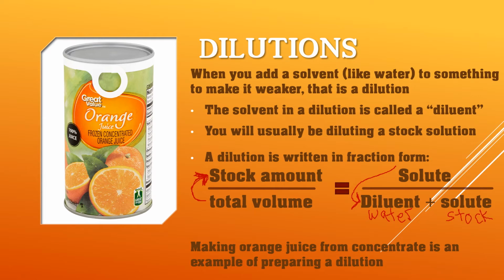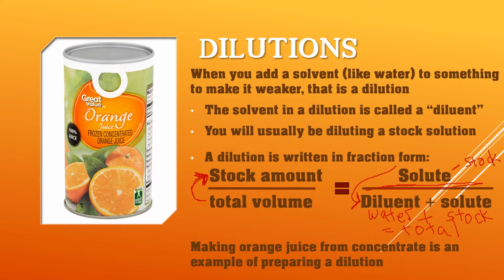So this would be water plus the stock, the total, and that's on the bottom of the fraction. And on the top of the fraction, you just write the amount of stock that you are diluting. And you use volumes when you can, or amounts. If you're using something like powder, you can use milligrams or something. But if you're using water, then you can use milliliters.